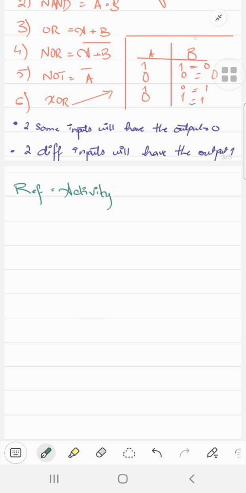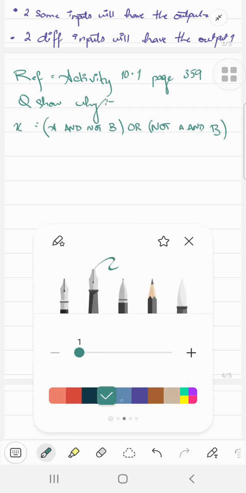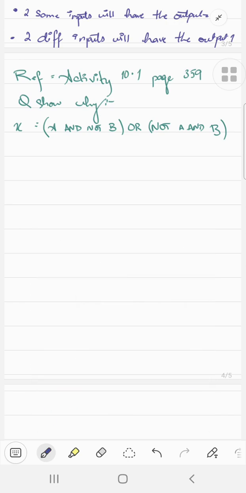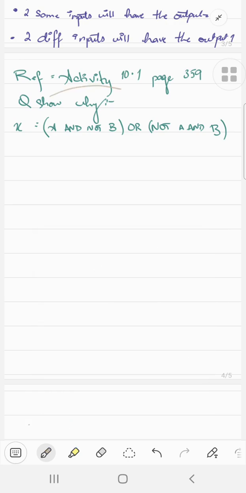Okay, so the first question that we have is: show y. When a question says show y, mainly you have to draw the logic circuit.